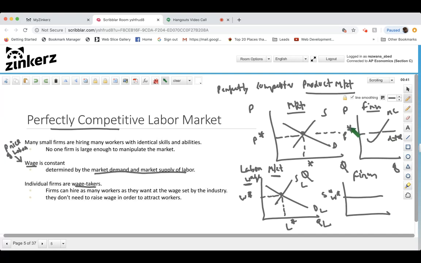Their price P star is a constant, fixed price, and their marginal revenue is equal to their price. Remember this, Sandra? For perfect competition, marginal revenue is equal to price because the price is fixed. Every time they sell one more unit of output, they bring in additional revenue equal to the price.